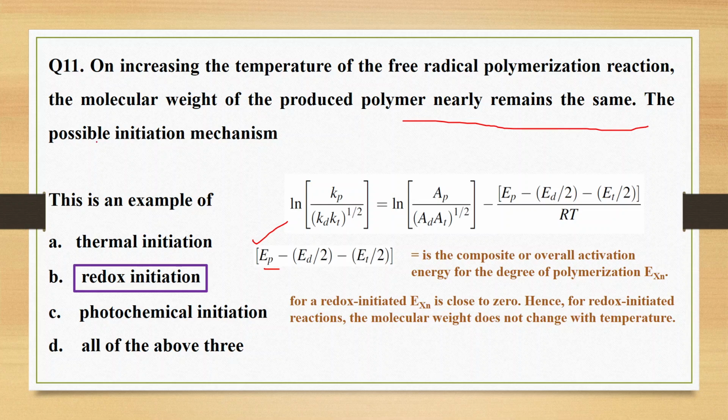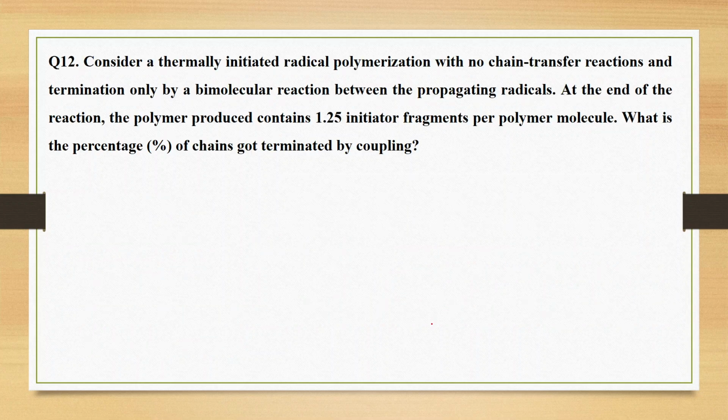So obviously the possible initiation mechanism in this particular case will be redox initiation. Okay, so this is another numerical problem, try to solve it. Yes, I just said that in case of thermal it is negative, so the molecular weight will decrease.